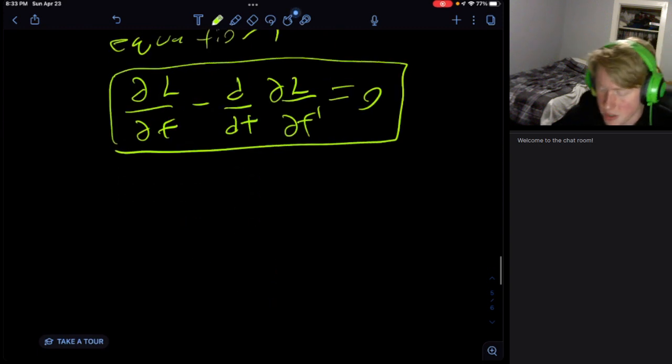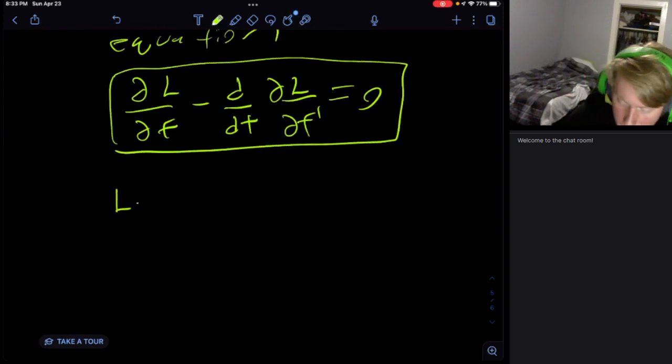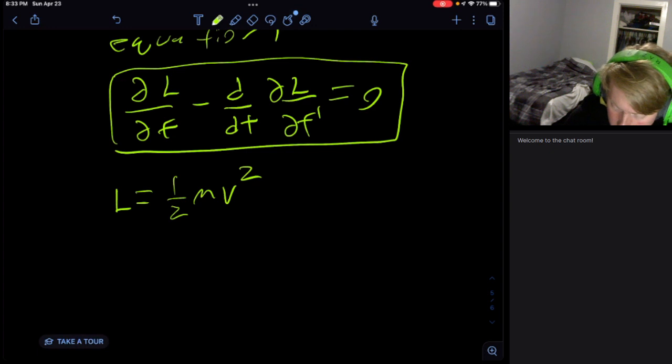I can try to do it for this one as a quick example. L equals 1/2 m v squared. In this case, our f we're going to replace with x, and f prime becomes x dot, which is obviously velocity. The partial derivative of L with respect to x, I believe, is 0.